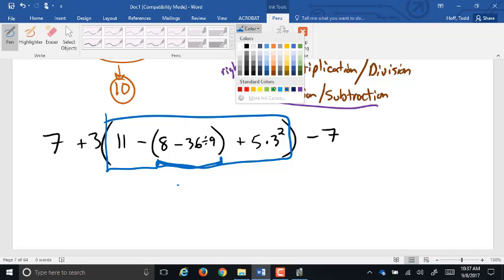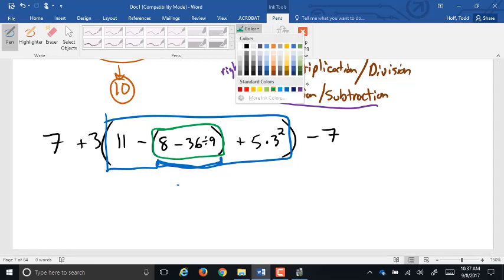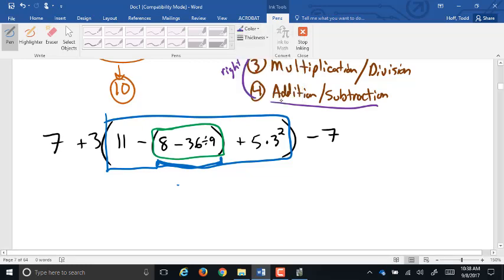Inside there, however, our order of operations still applies. So we go back up to the highest level. Are there any other enclosing symbols? Yes. We have another set of parentheses here. So we go inside that set. So inside the green box now. Inside there, our order of operations still applies.